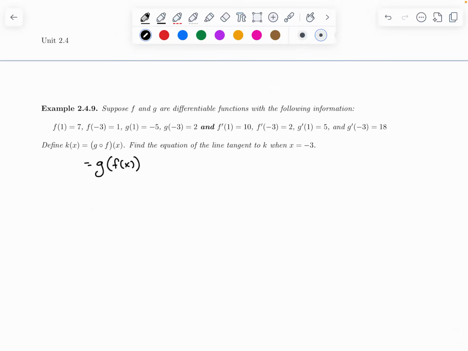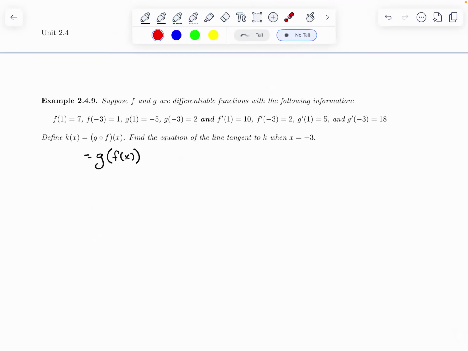We need a point, we need a slope, and we're not given the point, we're just given the x value of the point. So we need to use the function itself to find the y value. So for the slope, that would be k prime of x, which we're not given any information about, so we just have to appeal straight to the definition.